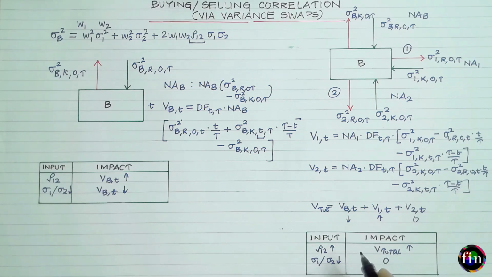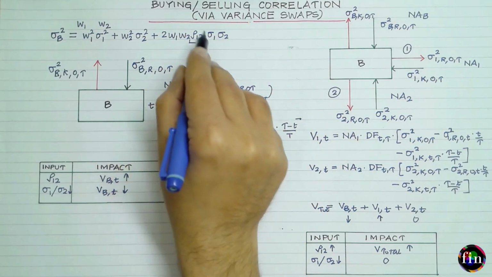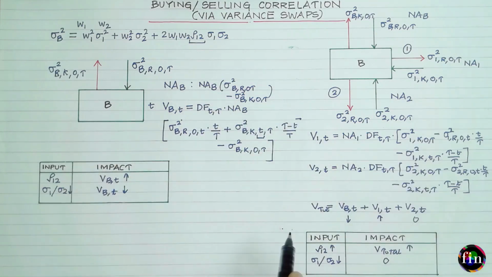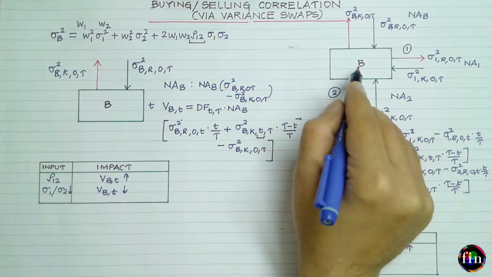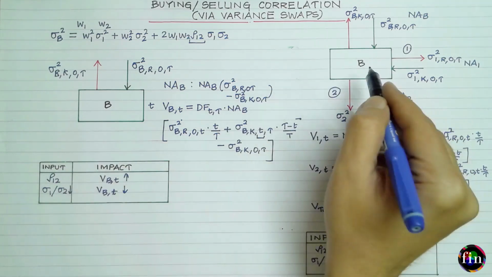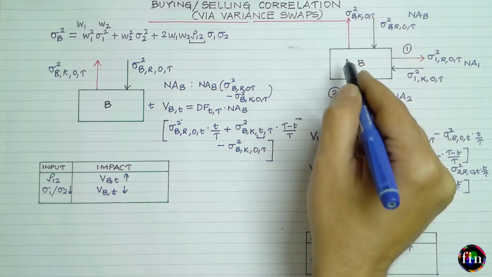Now very quickly, keep this in mind: if I were to do the reverse trade, that means if I have to sell correlation, I have to get a short exposure on this rho 1 2. What will I do? I will do everything in reverse. On the basket side, I will do a variance swap in which this time I will be paying the realized, receiving the fixed.